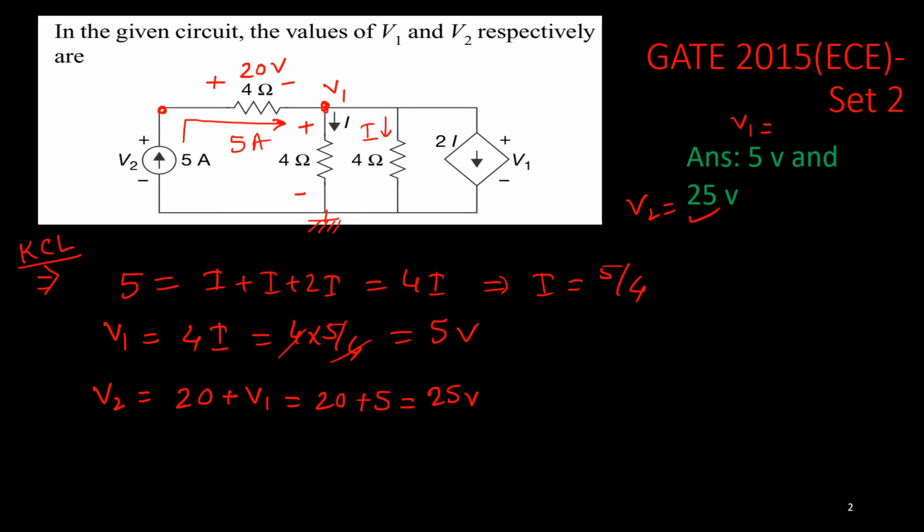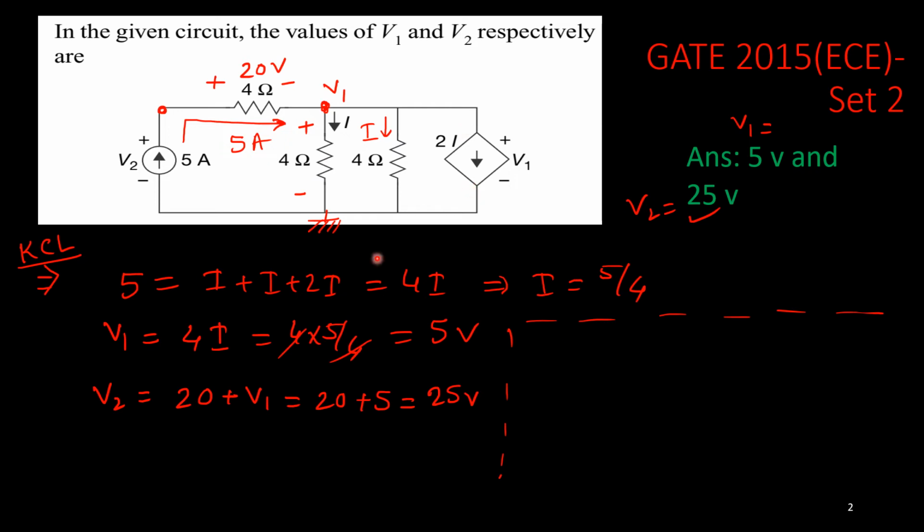In another approach, which could sometimes be useful to you, you see these three elements, the 4 ohm, the 4 ohm and this dependent current source, are all connected in parallel. As the current through the 4 ohm is I, the dependent current source is providing 2I.